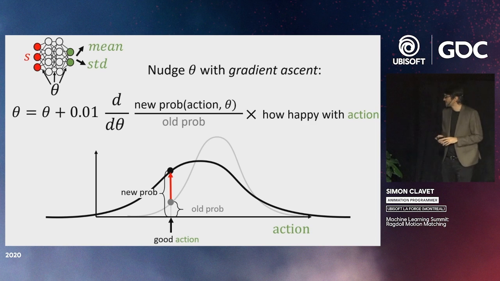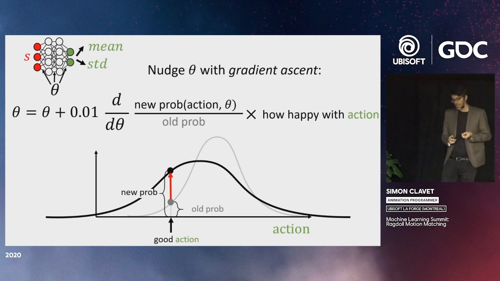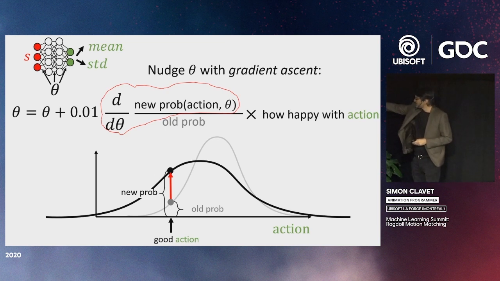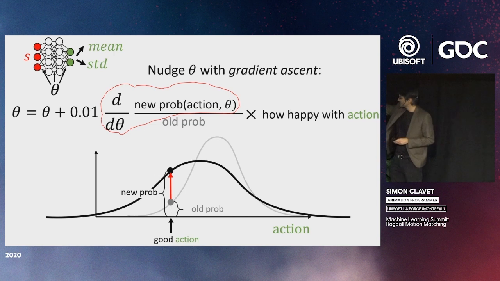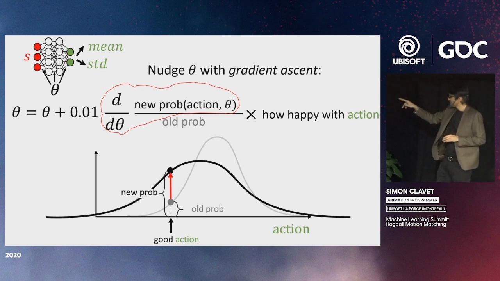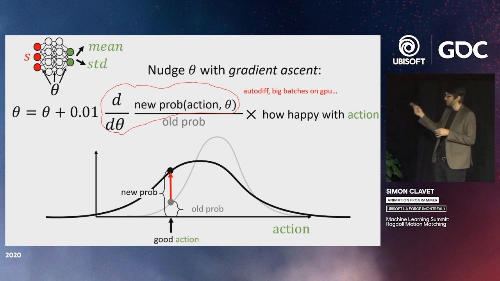So that's where we are now. We need to decide how to decide if we're happy with an action or not. If you look here, the only place theta appears in this equation is there. The other things are just sampled. There are no derivatives there. But the derivative with respect to theta of a neural network, that's what TensorFlow and PyTorch and all these things are good at.